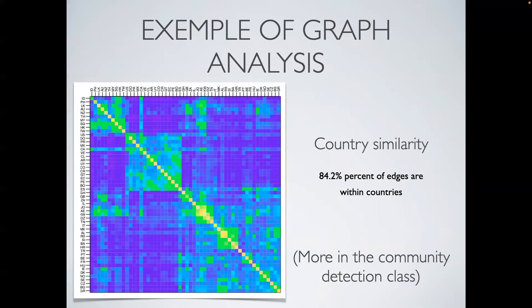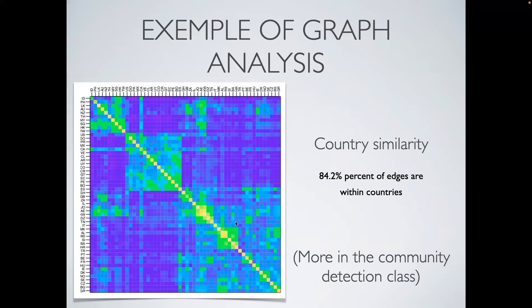And finally, this is another observation they have made. They plotted here the matrix of the strength of the connection between countries. Each line or column corresponds to one country. You have Italy here, Portugal, France, Belgium, and so on.